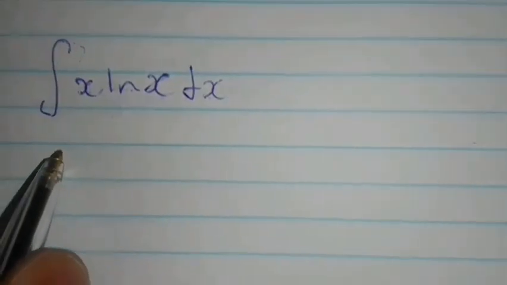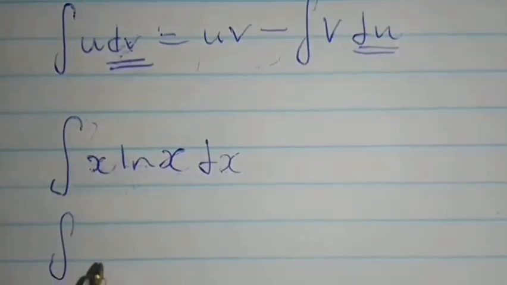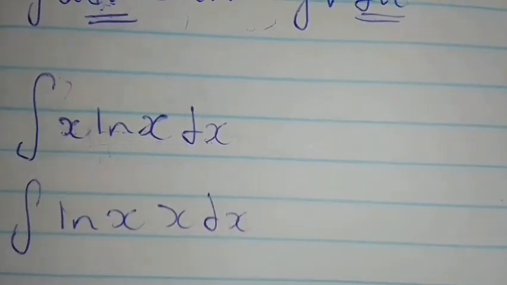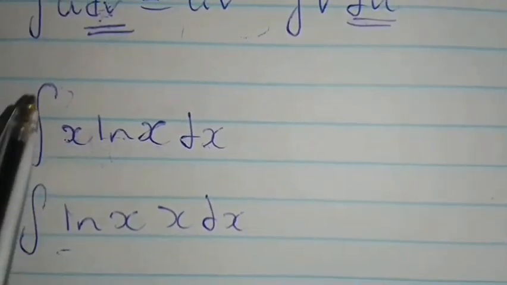So in this case, I'm just going to rearrange this. I'm going to have ln x from the start, so I'll have ln x multiplied by x dx. Now that it's in my formula, I know that u is equal to ln x, and dv is the rest of that.